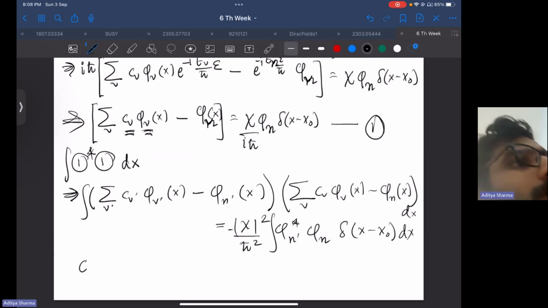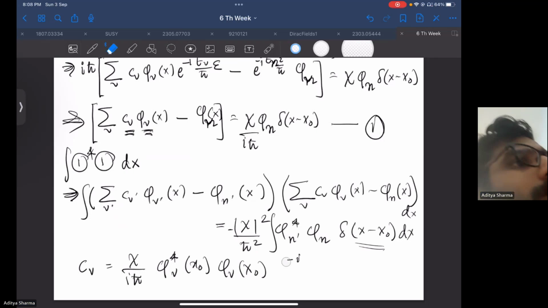This should give us a C_n term times i h-bar, and I star, n naught by n. This comes from the Dirac delta terms, plus delta of n, n prime.